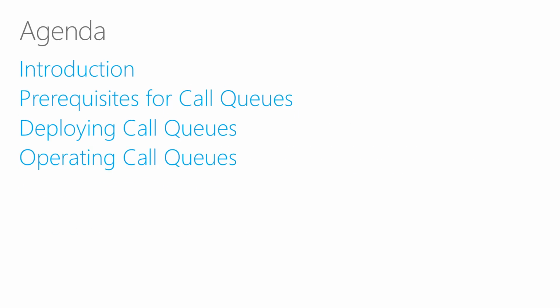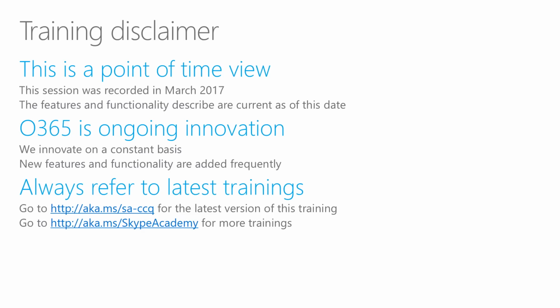For today, we'll go through the introduction, we'll talk about prerequisites, deploying and operating call queues. Please note that this is a point in time view. This session was recorded in March 2017, and the features and functionality that we described are current as of this date.